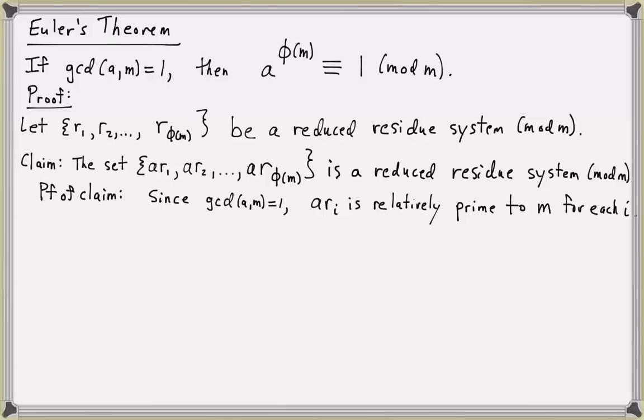Because all the R's are relatively prime to m, if I multiply by another factor which is relatively prime to m, then the product aR_i is still relatively prime to m. Further, we need to show that the aR_i's are mutually incongruent.